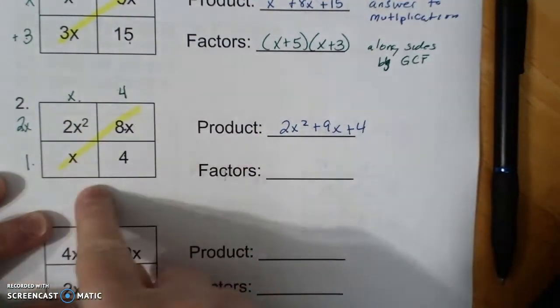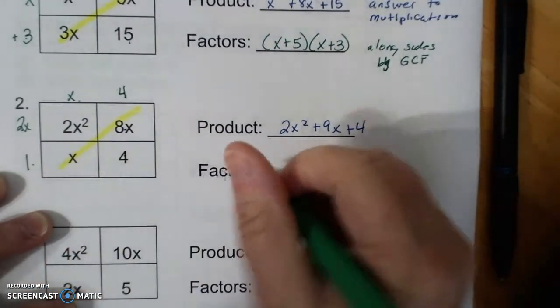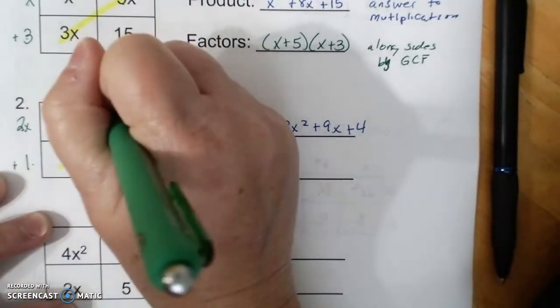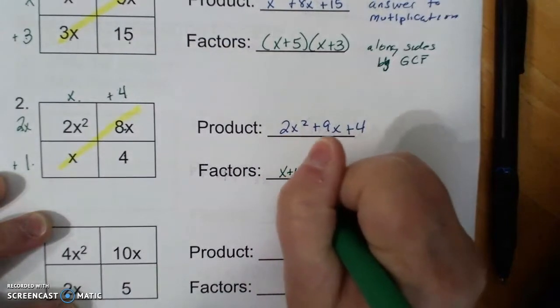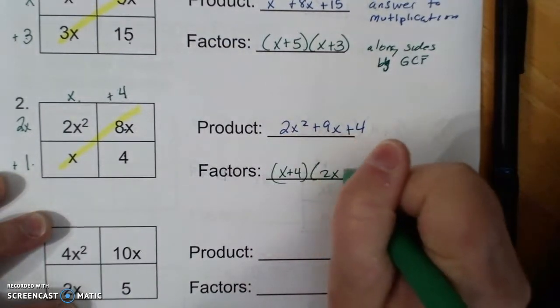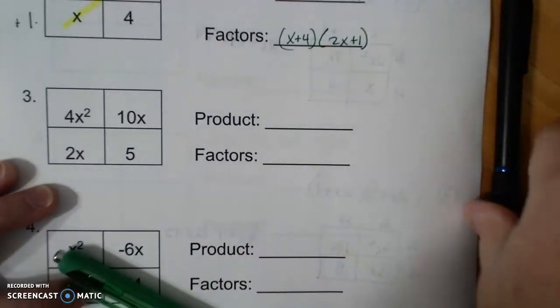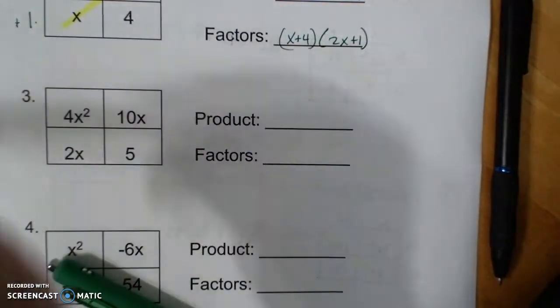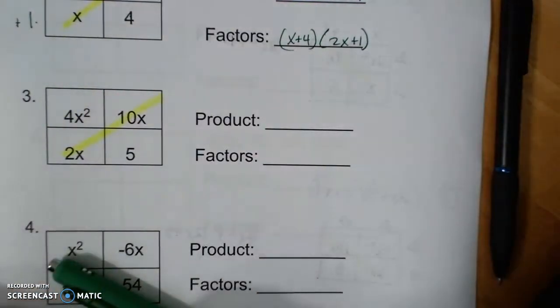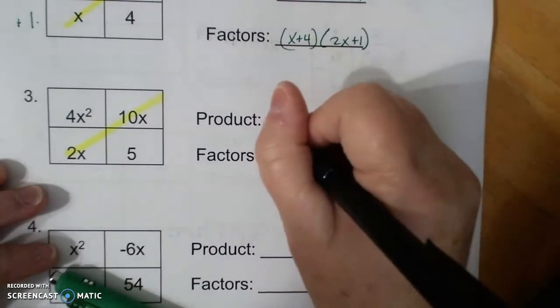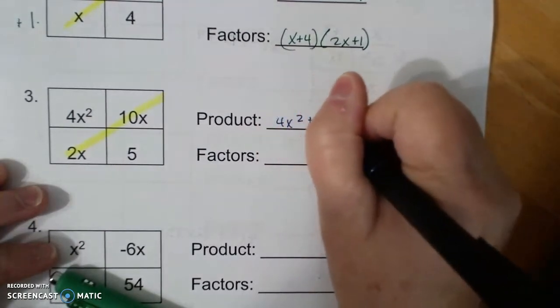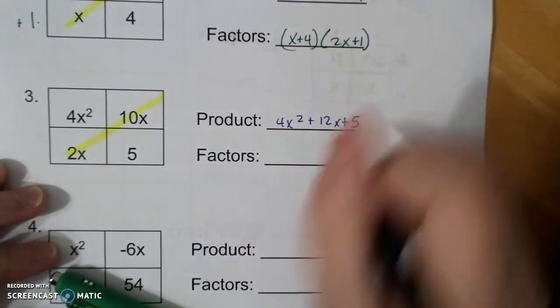So all of these boxes match. So it would be x plus 4 times 2x plus 1. Down the diagonals, you would get 4x squared plus 12x plus 5.